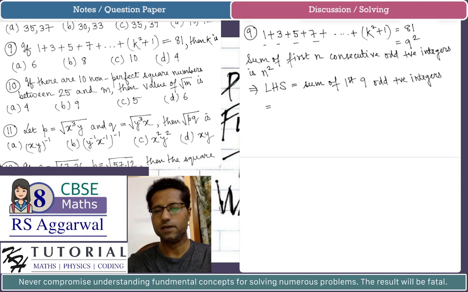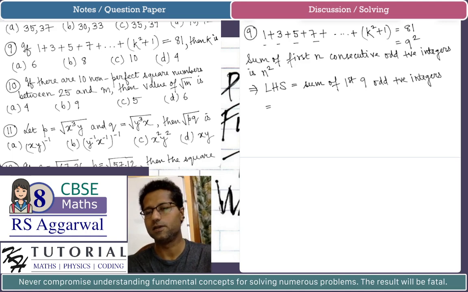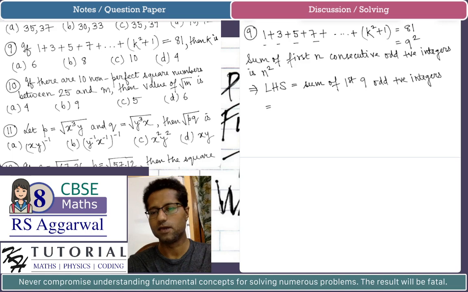From where did we get 9? Because the right hand side is given as 81, and we know 81 is 9 square, and from the properties of square numbers, the sum of the first n consecutive odd positive integers is n square. Using these two pieces of information, the left hand side is the sum of the first 9 odd positive integers.